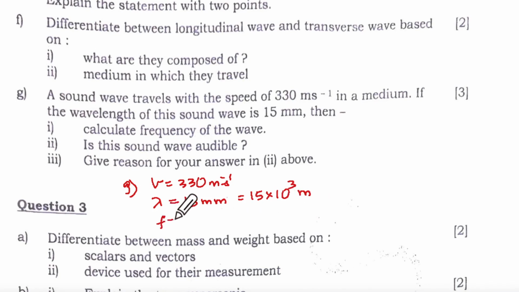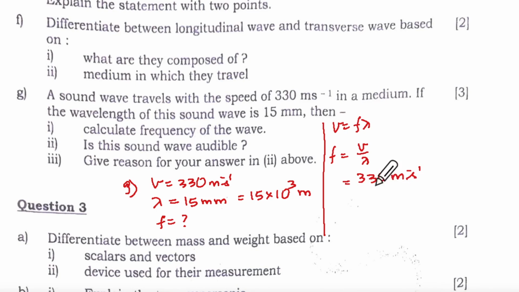Then they say frequency is question mark. So for the frequency, what formula do you use? V is equal to F lambda, correct? So F is equal to what? V upon lambda. What is V? 330 meter per second. How much is lambda? 15 into 10 to the power, oh sorry, this is minus 3, mistake, minus 3 meter.